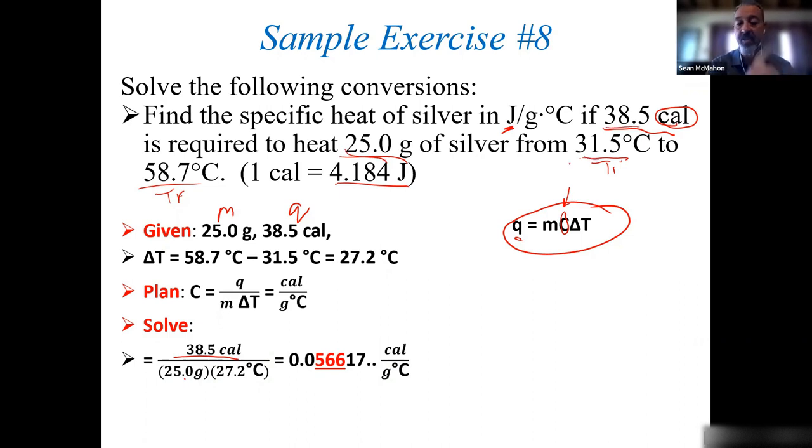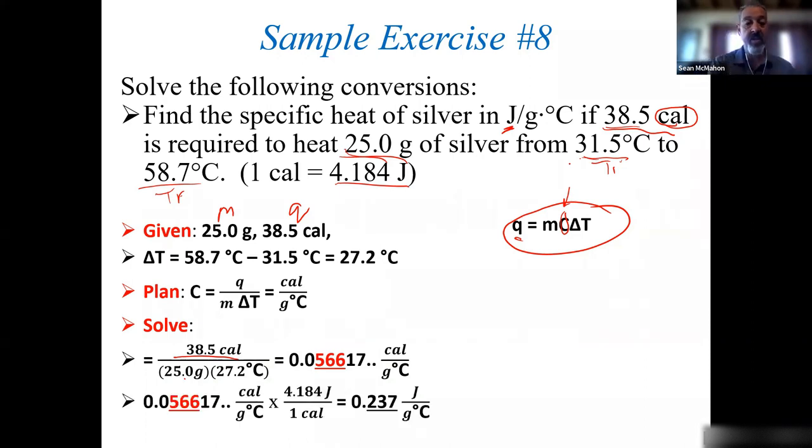So when I need to get it to joules per gram degree Celsius, I take the answer that was in calories per gram degree Celsius, but I need to get rid of calories. So what do I do? I put calories on the bottom, and I use this conversion factor that 1 calorie is 4.184 joules.